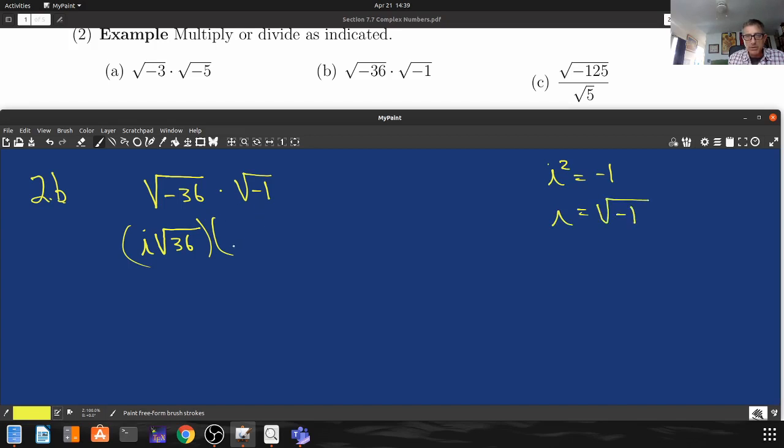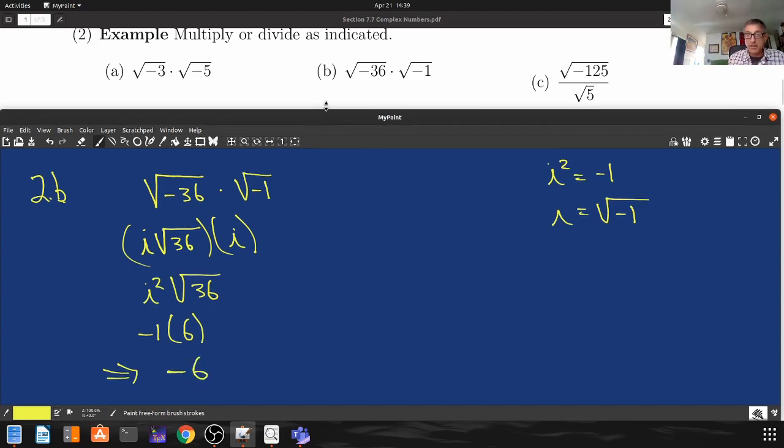So the square root of minus 1 is i, so that's the same as i squared. i times i is i squared, that still works, times the square root of 36. i squared is equal to minus 1 times the square root of 36, which is 6. So this whole thing is equal to minus 6.